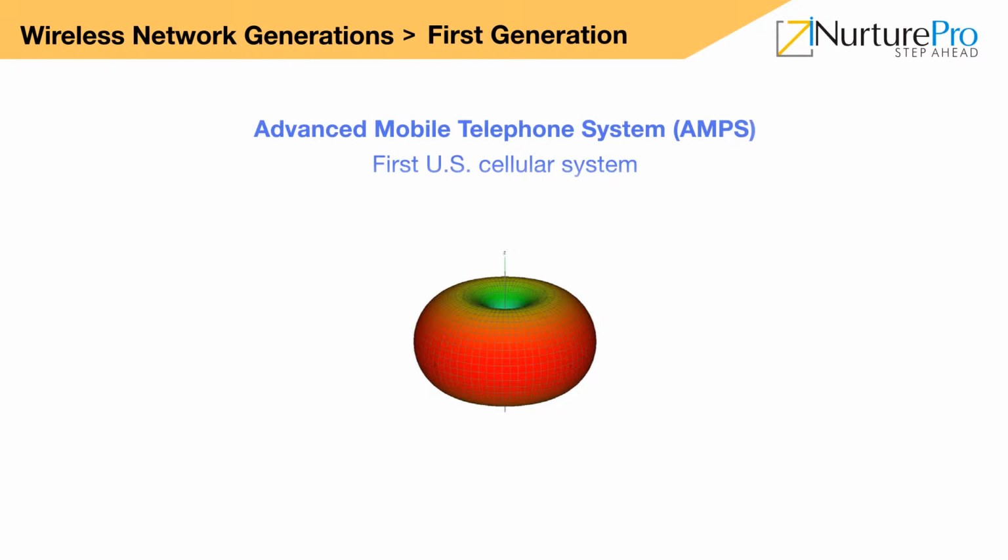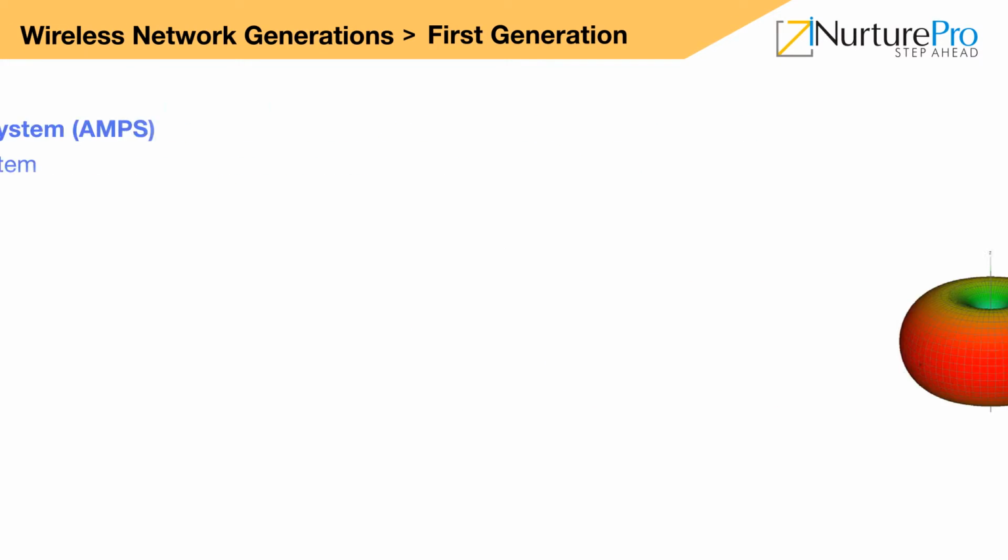The first generation wireless system comprised Advanced Mobile Telephone System, also known as AMPS, which was the first US cellular system. The traditional AMPS made use of omnidirectional antennas. However, directional antennas were introduced to improve the cell reuse.